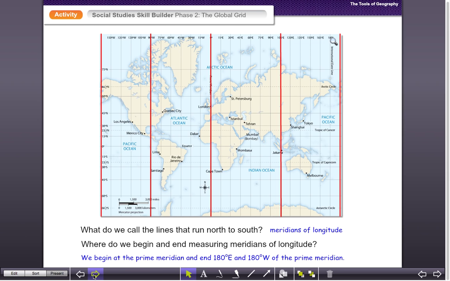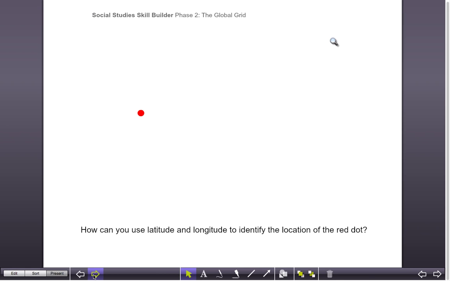We begin at the prime meridian and end at 180 degrees east and 180 degrees west of the prime meridian. So if we were to wrap it around, you'd have the prime meridian, and then you would have these two areas meet at what's known as the international date line, where 180 degrees east meets 180 degrees west.